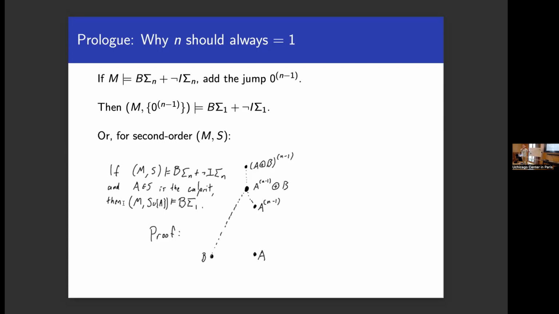There has to be one, a particular set A in the second order part. And you just add its n minus 1 jump. The objection would be maybe there's another B also in the second order part that will cause some conflict and break B sigma 1.